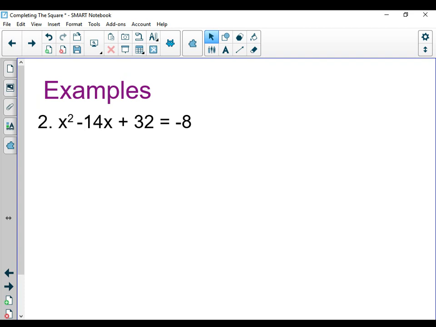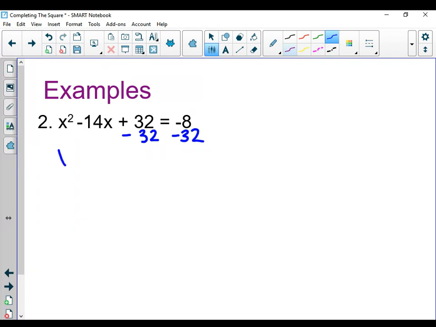Okay, so I moved my C value over. Add my blanks. To fill in my blanks, I do B divided by 2 and square it.